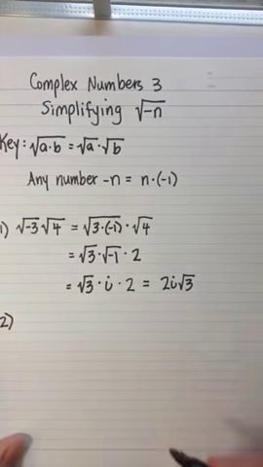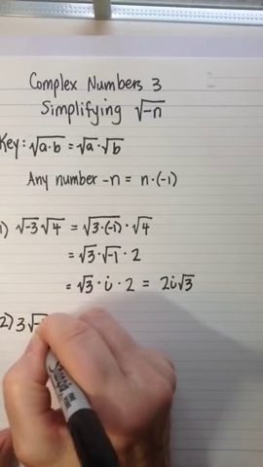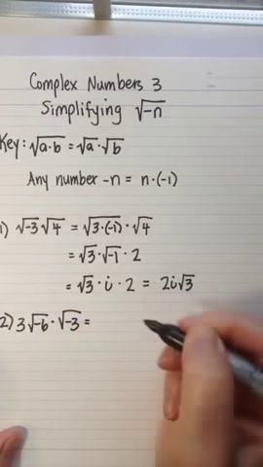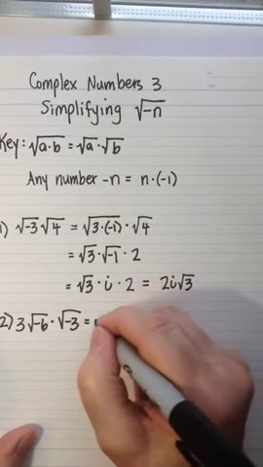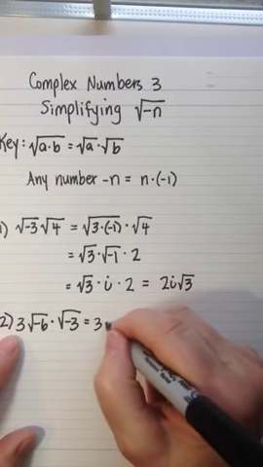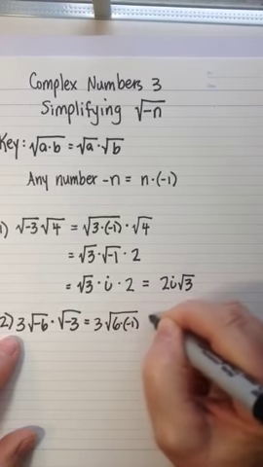The second problem that I would like to work is 3 times the square root of minus 6 times the square root of minus 3. In a similar fashion, we're going to treat each term. The square root of minus 6 is the square root of 6 times minus 1.